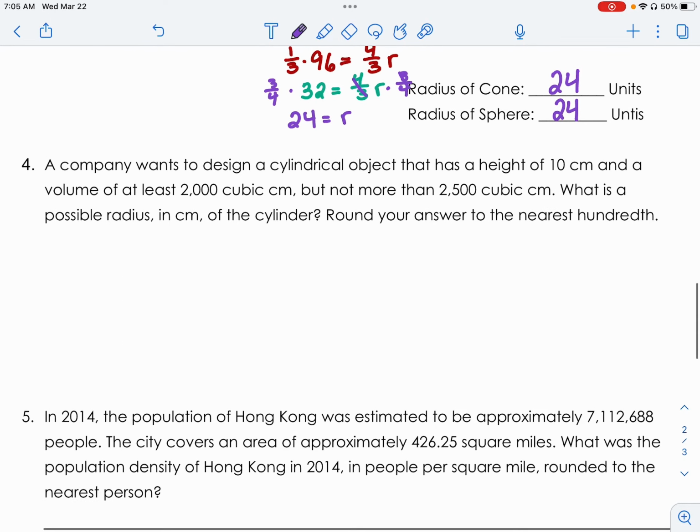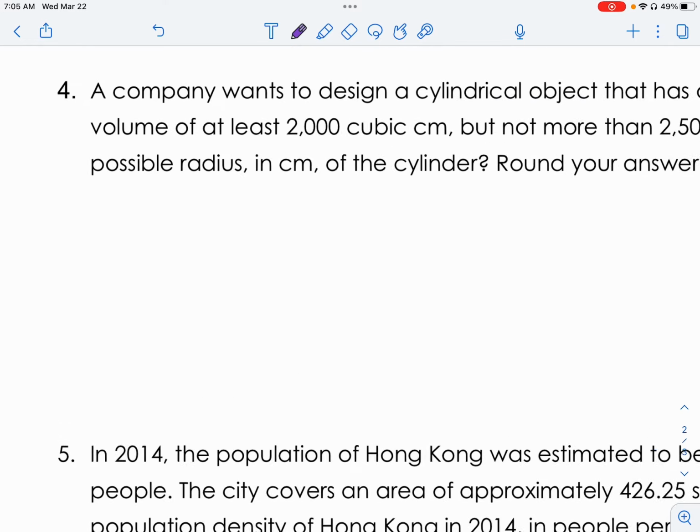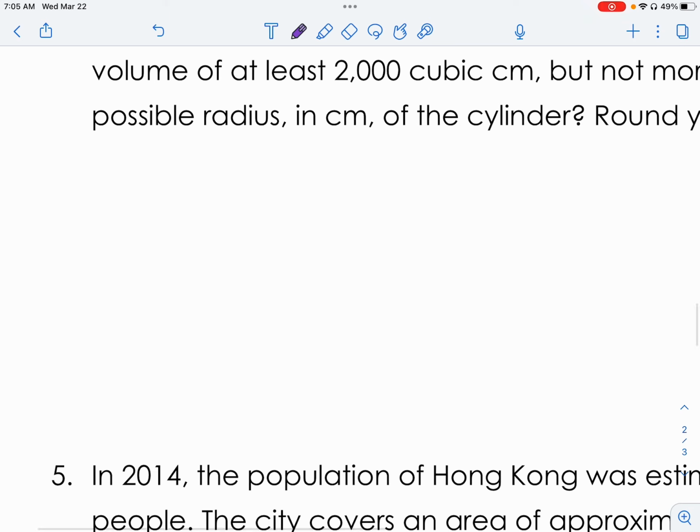Number 4. A company wants to design a cylindrical object that has a height of 10 centimeters and a volume of at least 2,000 cubic centimeters, but no more than 2,500 cubic centimeters. So what is a possible radius of the cylinder? Okay, so I'm going to draw a picture here.